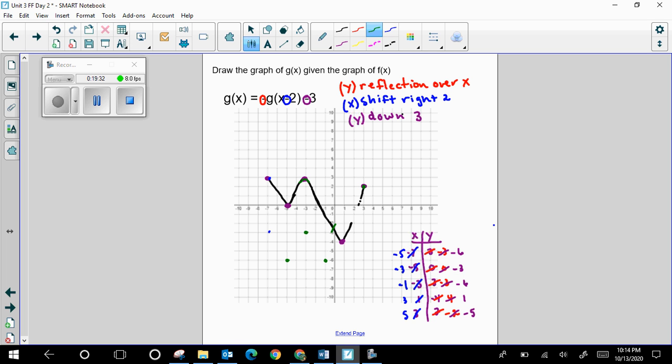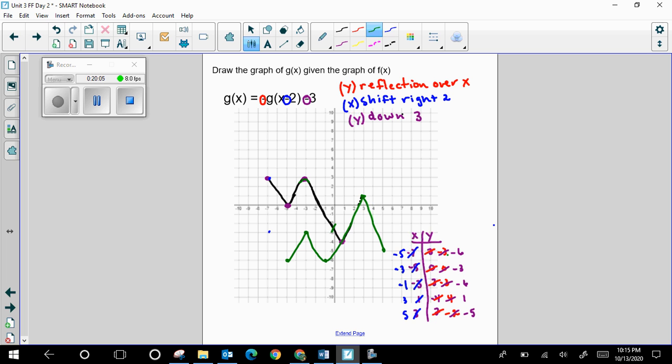No, 3, 1 would be right here. Having a rough time. And 5, negative 5 should be here. That green point is wrong. So I should have something like this. That looks a little bit better.